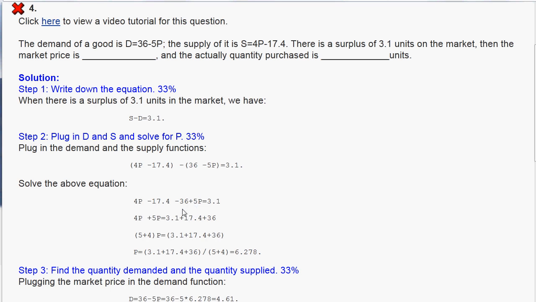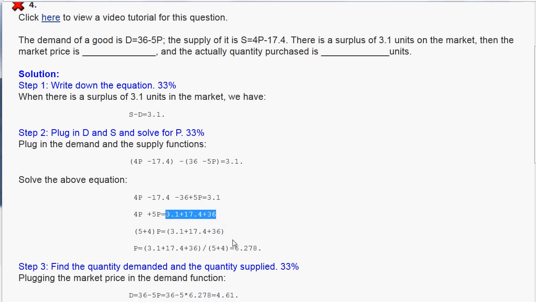Then let's collect all these terms. Let's keep P on the left-hand side: 4P, 5P, they're here. And let's move these numbers onto the right-hand side. When we move them onto the right-hand side, we need to flip their signs. Alright, that's what we have on the right-hand side.